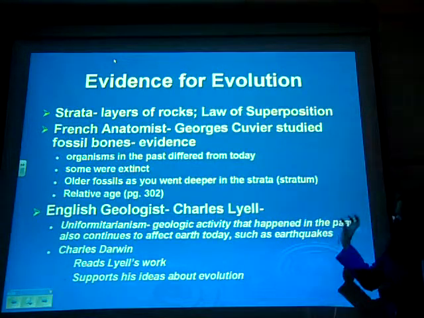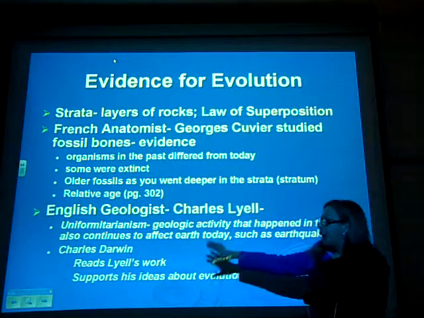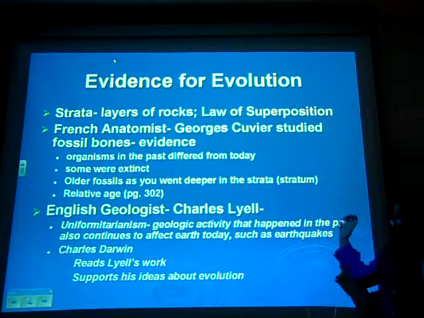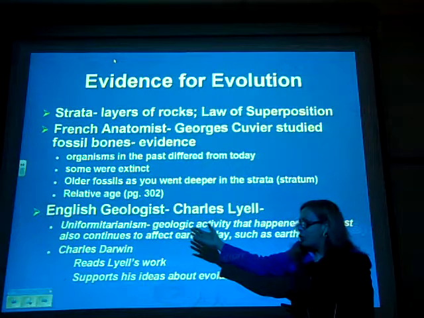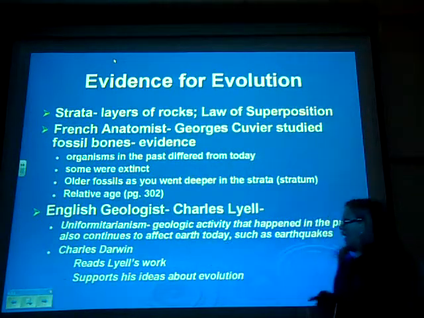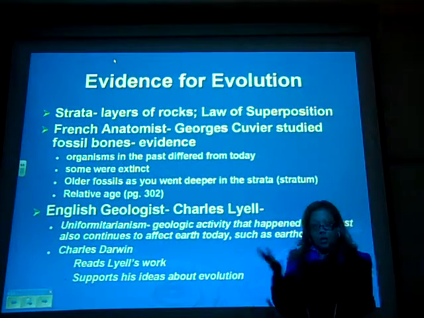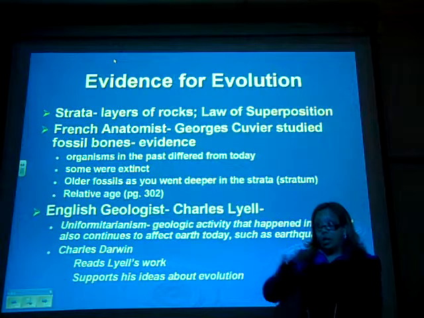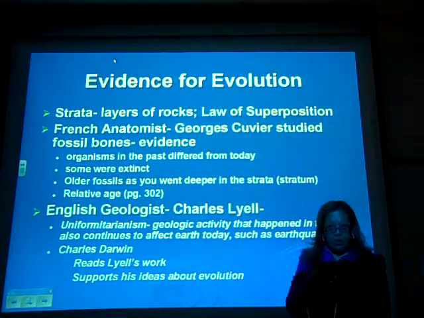In addition, Charles Darwin read about Lyell's work, and Lyell was a very influential scientist in his time who was studying the earth and came up with his own theory of uniformitarianism. In this theory, he basically said that earth has been changing through time, and the changes that occurred in the past also continue to affect our earth today.